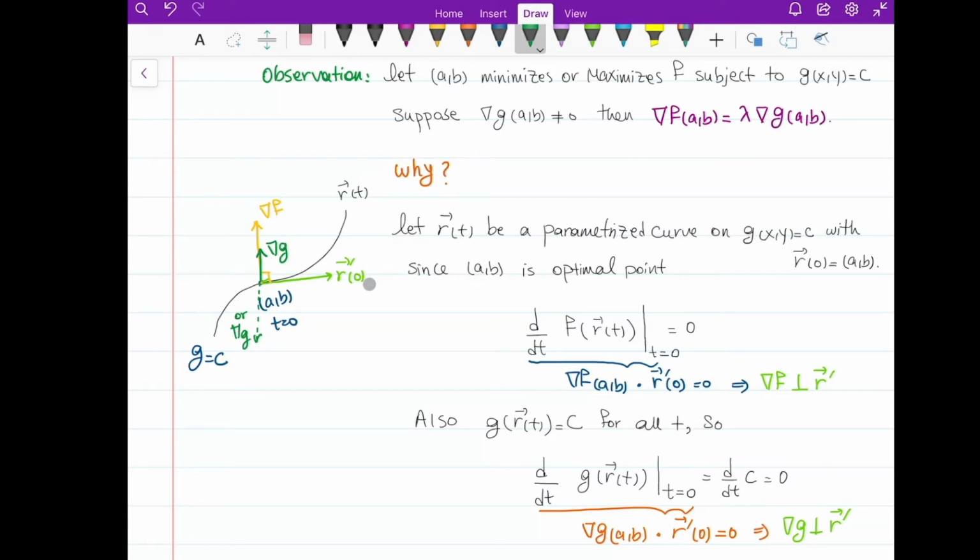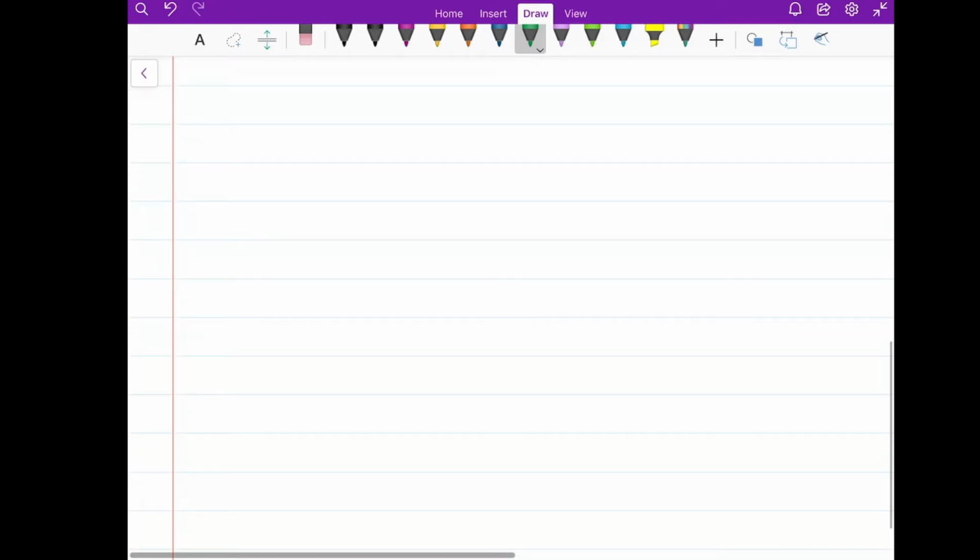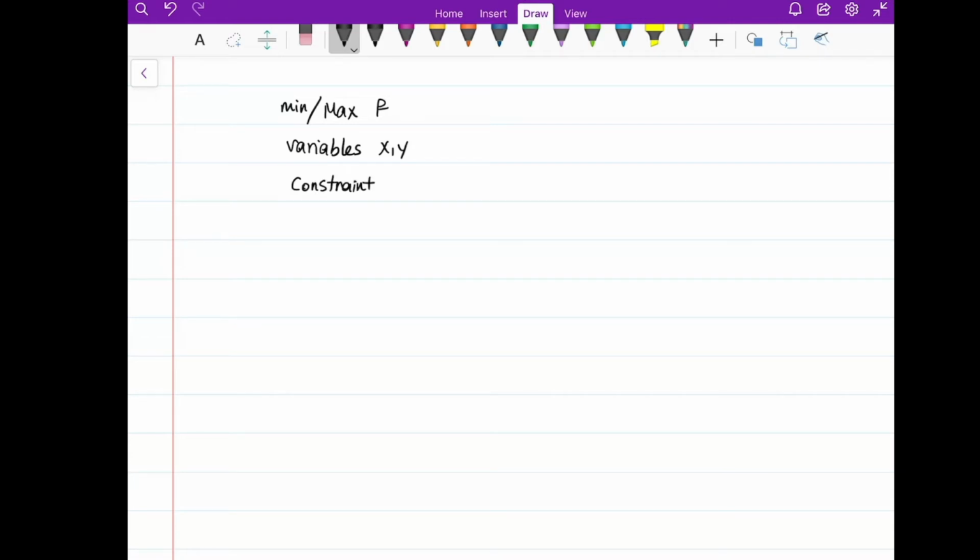Okay, very good. So now using Lagrange multiplier, when I want to minimize or maximize a function f with variables x and y and with the constraint g of x and y equals the constant c, I can write gradient of f is lambda gradient of g, and solve this system of equations.